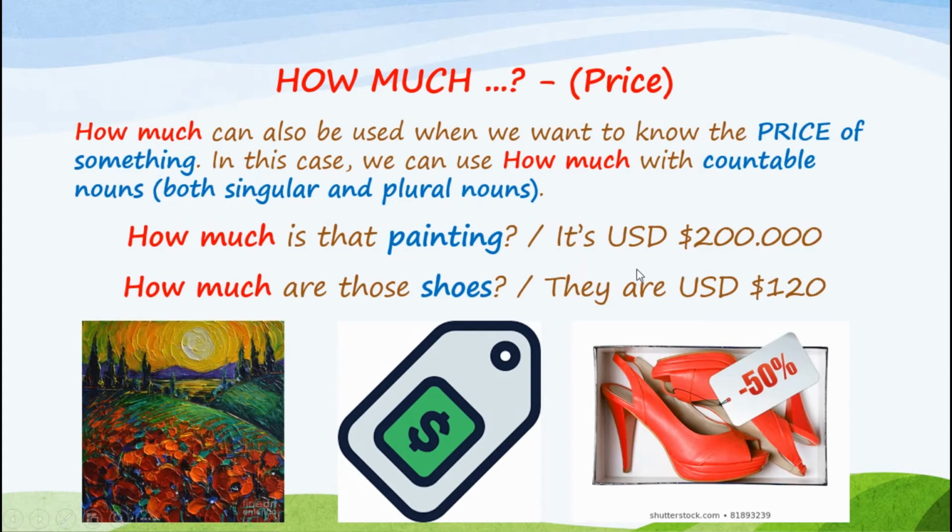It's $200,000. How much are those shoes? We're talking about these red shoes. They are $120. As we can see, we use how much and then the verb to be. How much is that painting? How much are those shoes? And this is the way we use how much for asking about price.